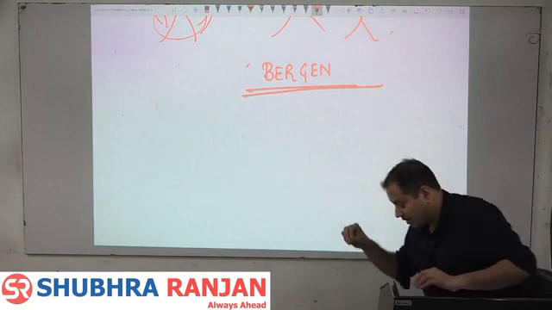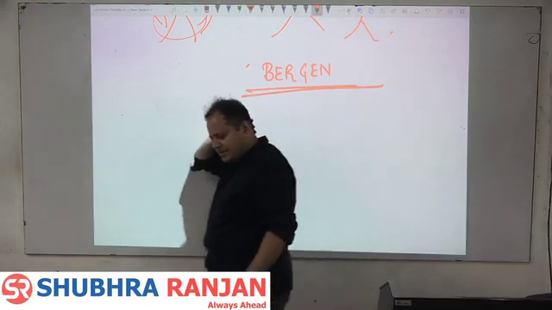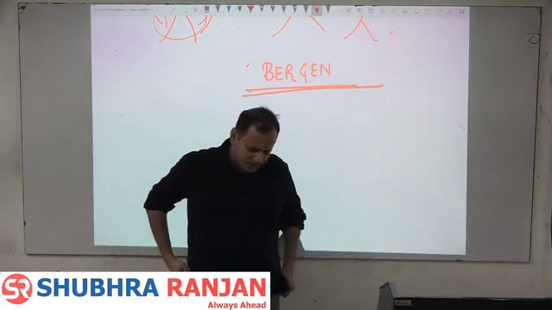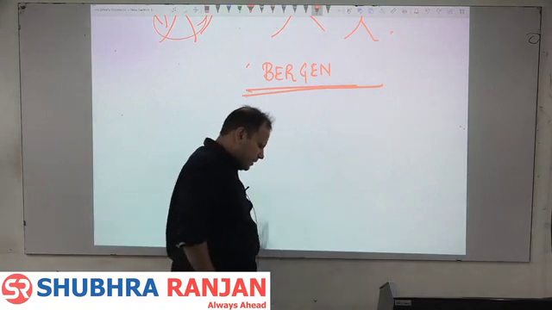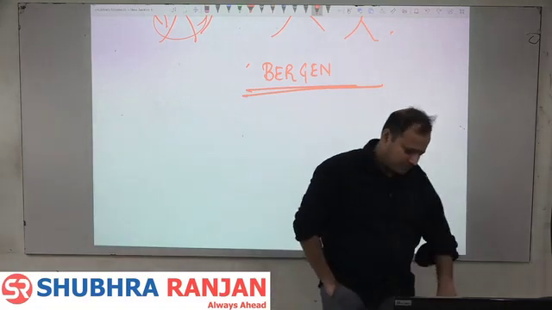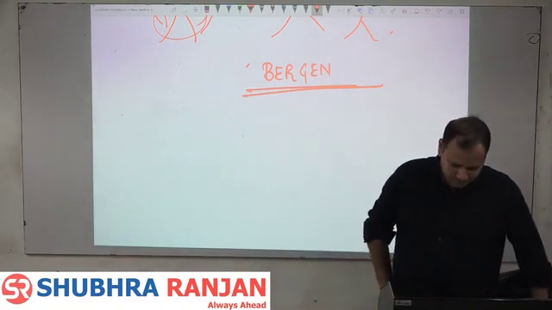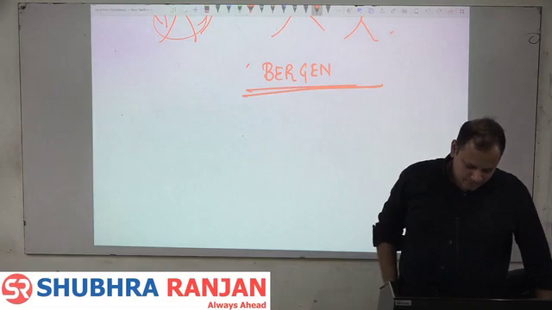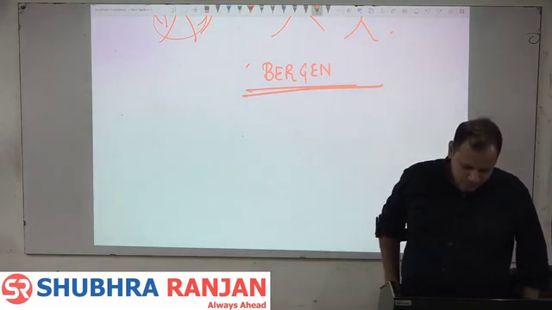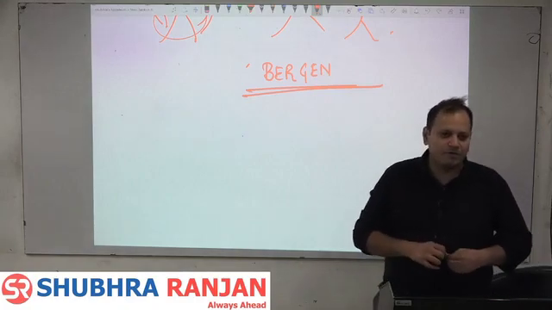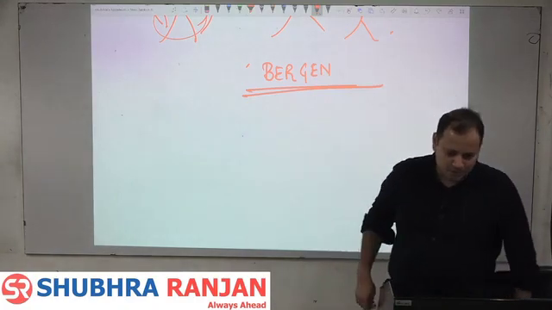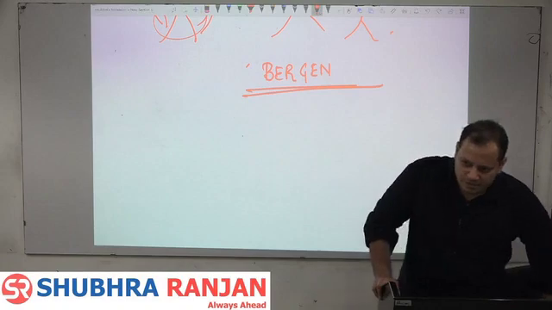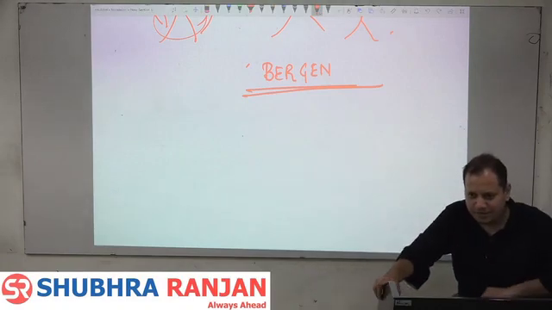Next, according to this theory, temperate cyclones are formed due to, underline the word, twisting of a front.